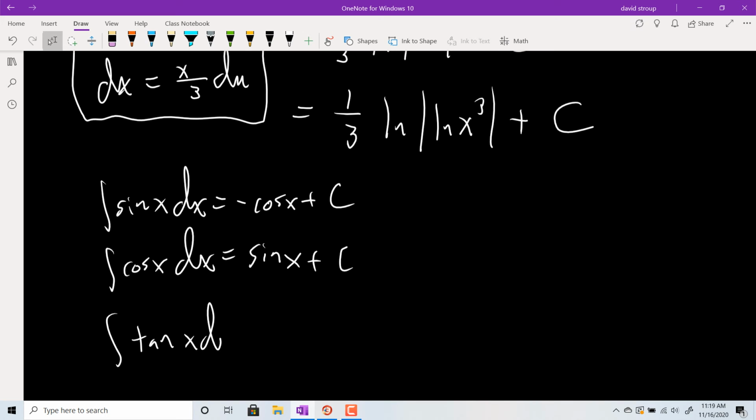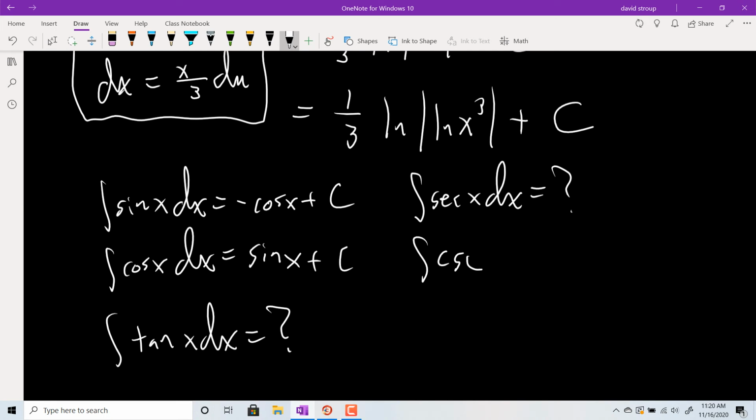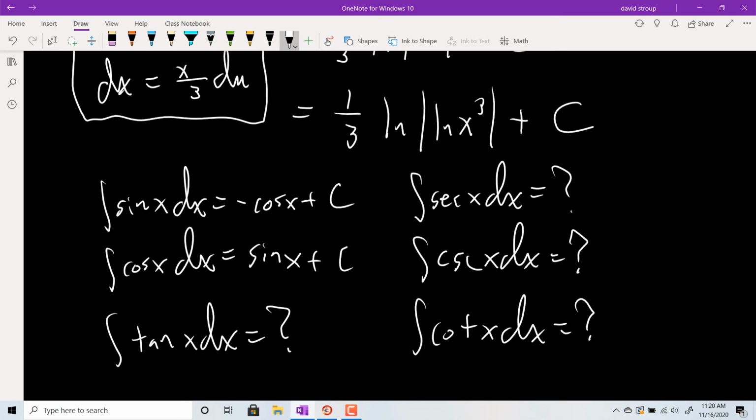What's the integral of tan x dx? Well, I don't know. What's the integral of secant x dx? Well, I don't know. What's the integral of cosecant x dx? Well, I don't know. And then what's the integral of cotan x dx? I don't know. Okay. Well, that mystery is going to be cleared up right now.